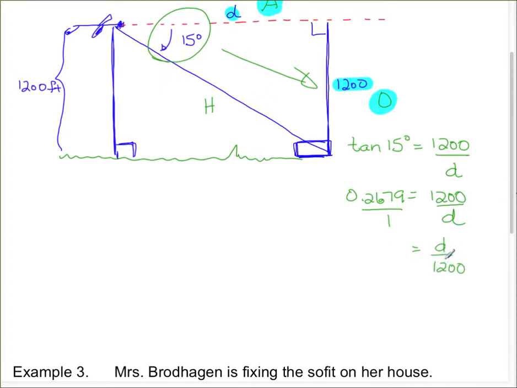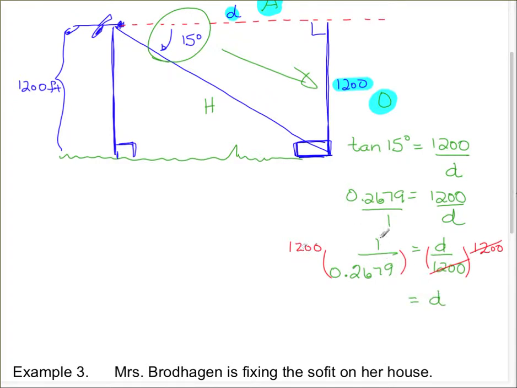And if I've got D over 1,200, then this has to be 1 over 0.2679. And now to get D by itself, we multiply by the denominator. Multiply by 1,200 on both sides. I know a lot of you do like the isolation, and then those will cancel each other out. So what we have left here is D.